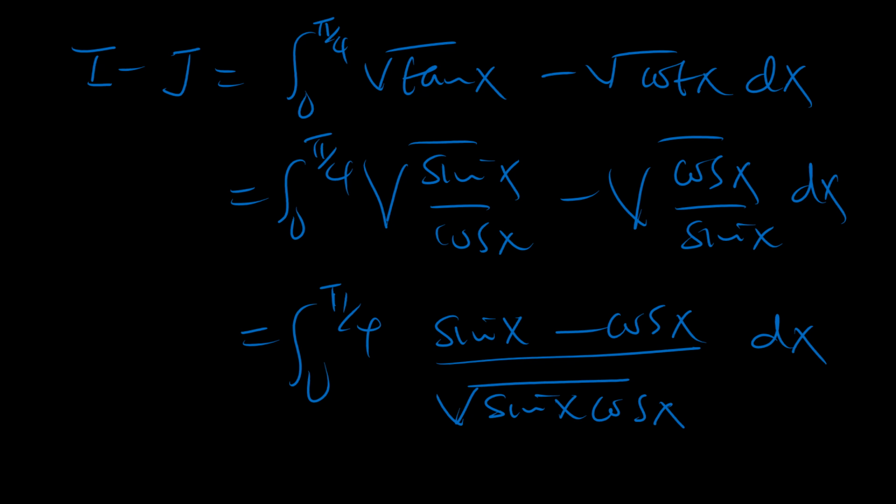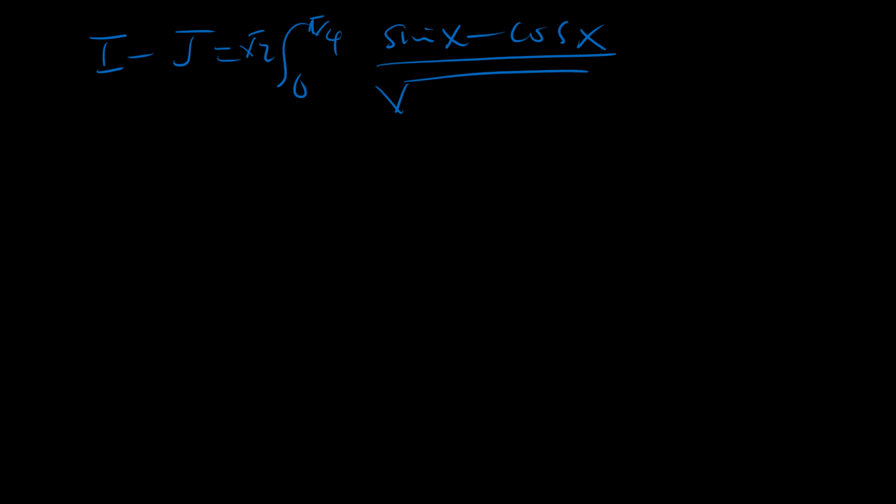As we continue, I minus j is equal to the integral from, obviously we can put square root of 2 there, 0 to pi over 4, and then we have sine x minus cosine x over 2 sine x cosine x dx.